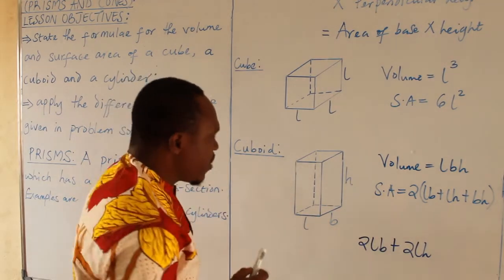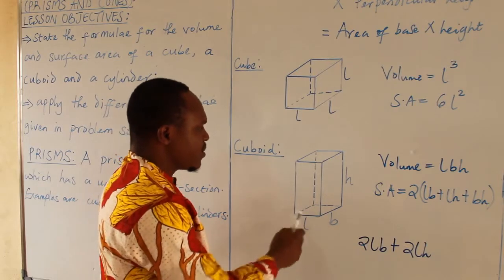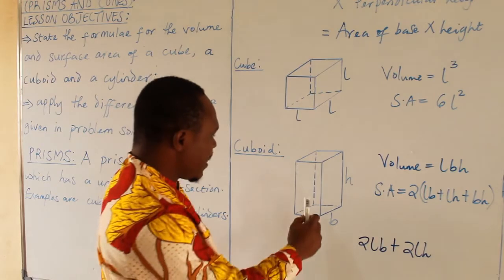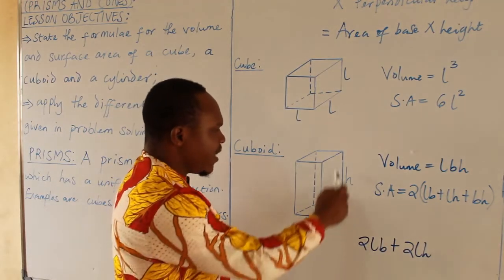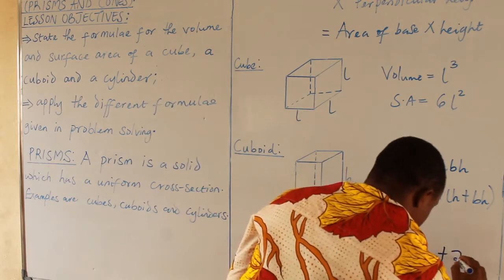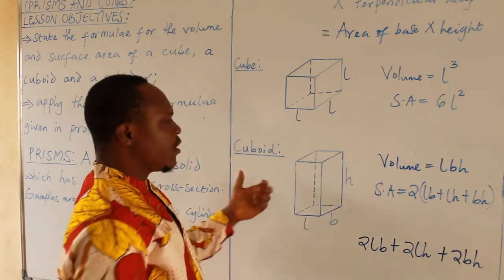So it means that the area of this left side is also B, the breadth, times H, which is the height. So if we add the both of them, BH plus BH gives us 2BH.